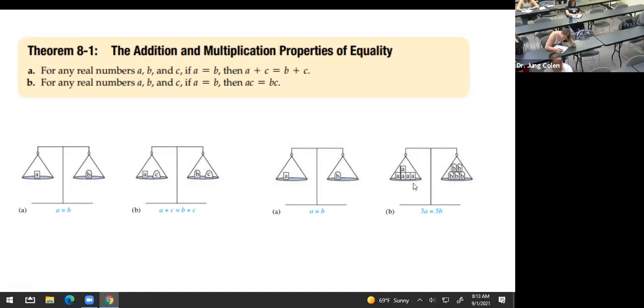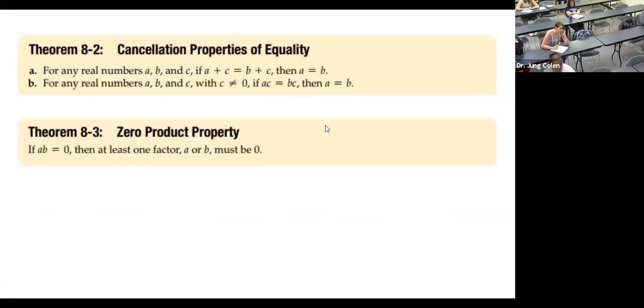If I divide this by 5 and that by 5, I get a plus c, still equal, right? So it works for any of the addition, subtraction, multiplication, or division. If you are operating the same thing on both sides, left-hand side and right-hand side, it doesn't change unless you multiply by 0, right?